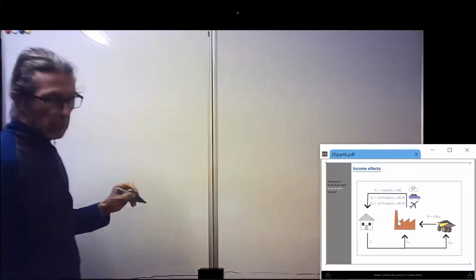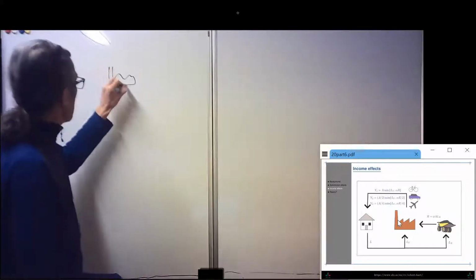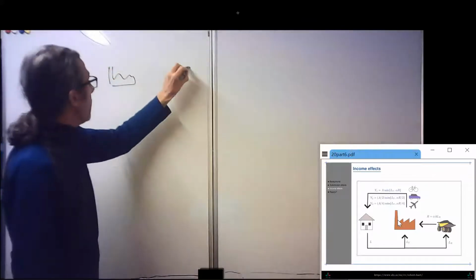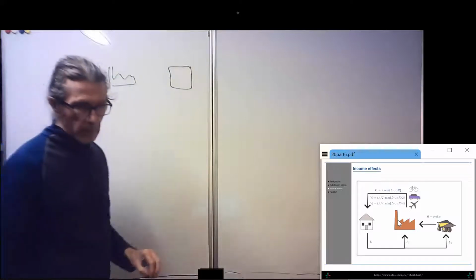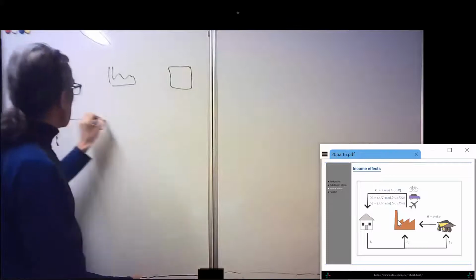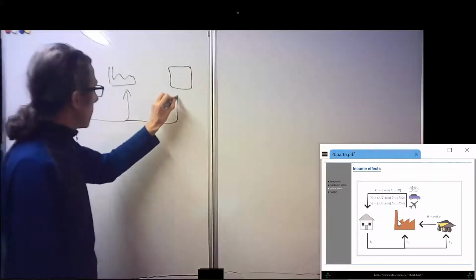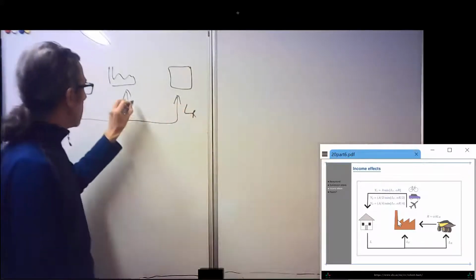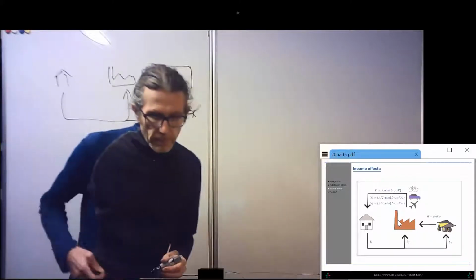So we've got household, firm, and energy sector. And we've got labor. This one is explicitly general equilibrium. We've got labor, LR and LY.